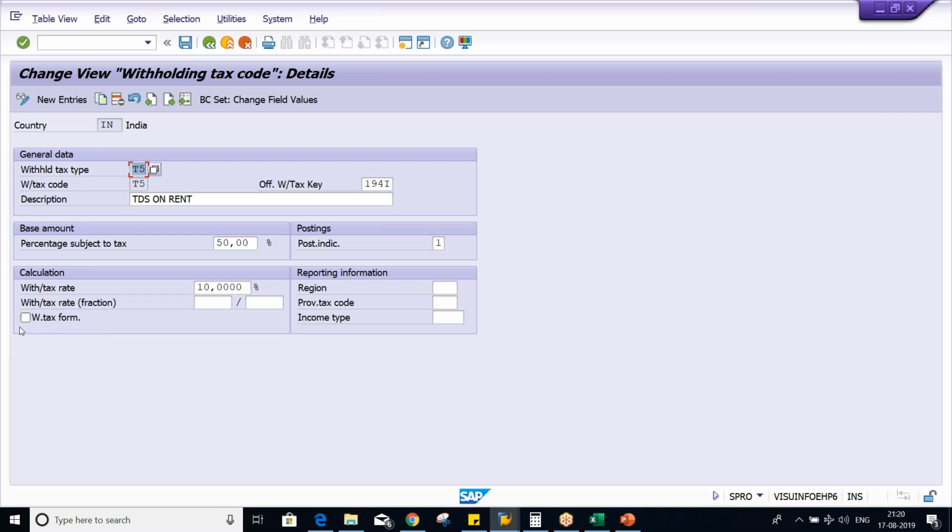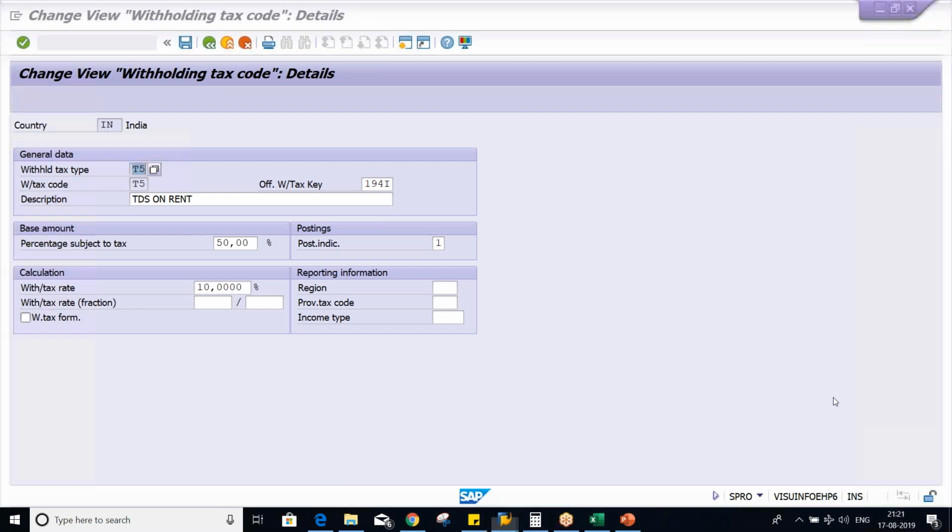Formula in the sense that certain criteria will be there. If the amount is from this much to this much, then this much percentage applies. If the amount is in this other range, then this other percentage applies. Likewise, certain conditions are there, so we have to define the formula, and for that we use this field. So likewise, there are several differences, if you started explaining.